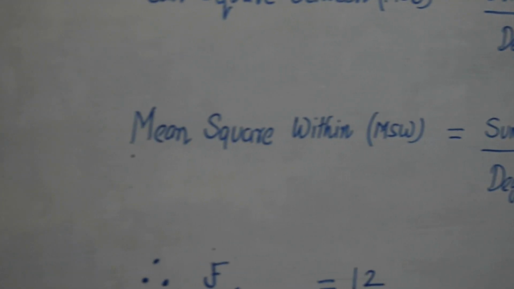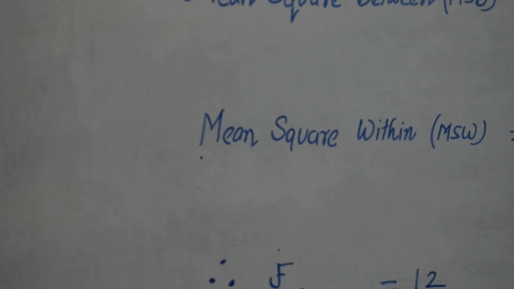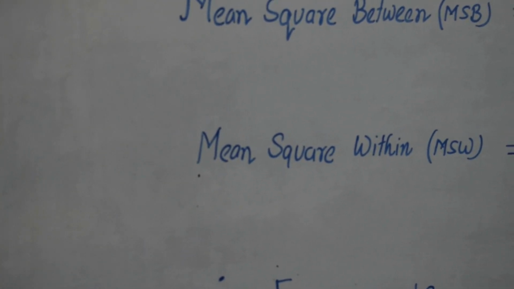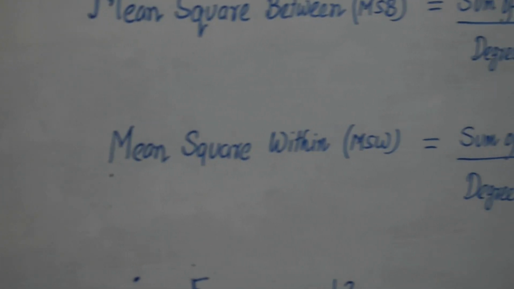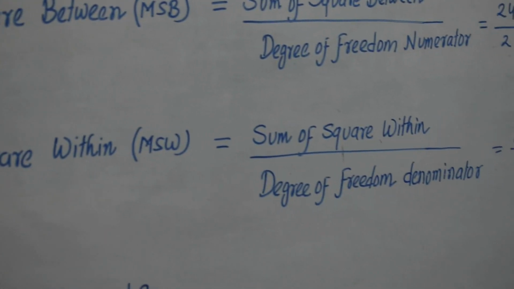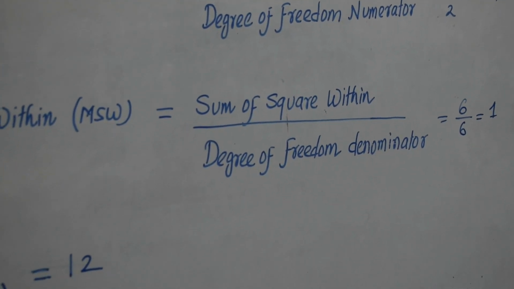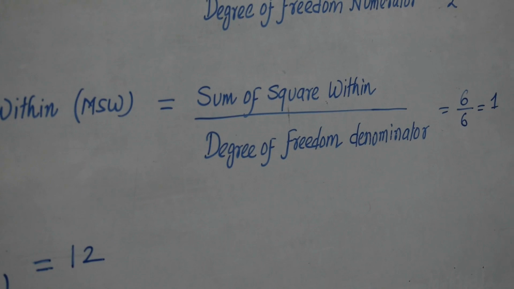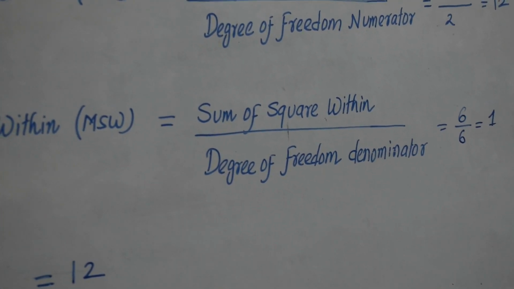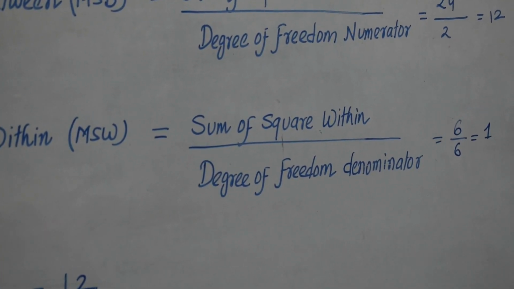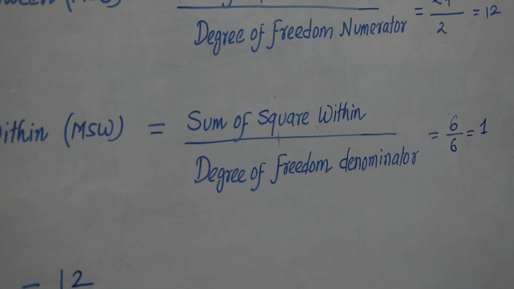Similarly, we have to calculate the variation within the group. So mean square variation within the group is given as sum square within the group divided by degree of freedom of denominator. The sum square within total was 6 and the denominator degree of freedom was 6.